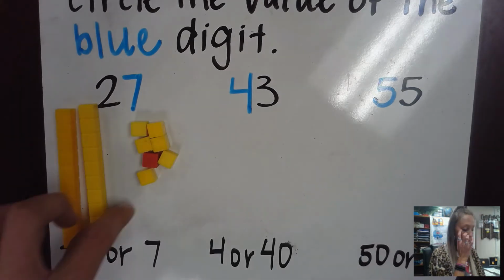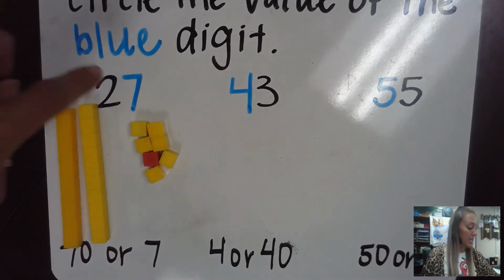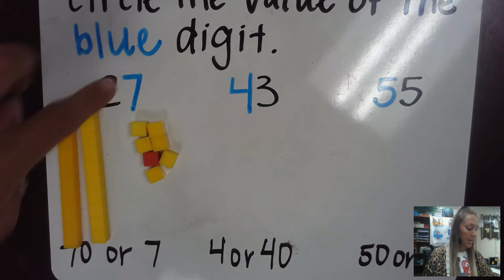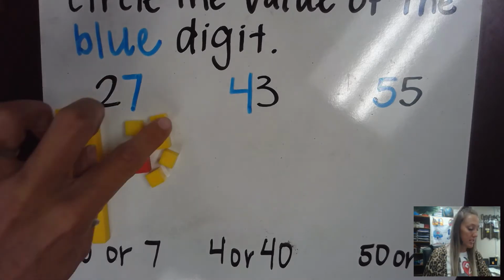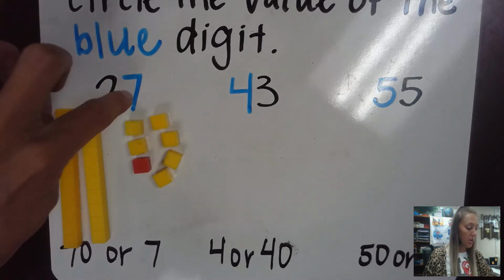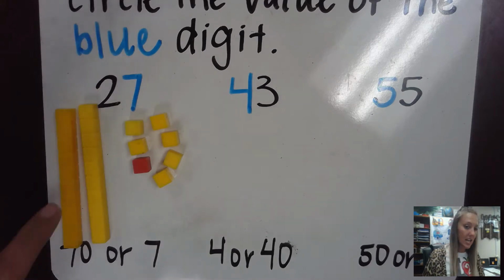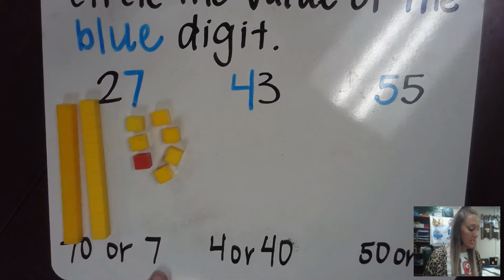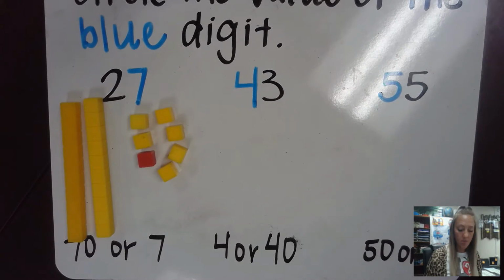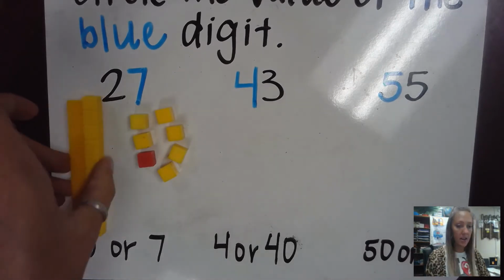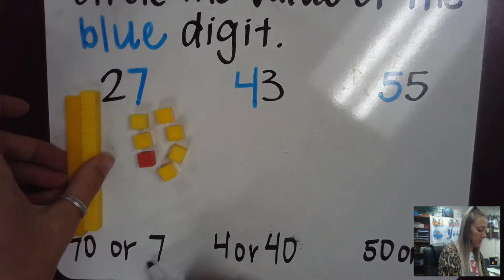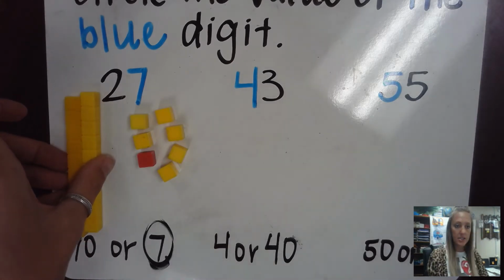So the 7 in this number is in the ones place, and there's 7 ones here. Is the value of this 7 70, or is it 7? 70? If it were 70, we would have 7 of these right here. So the answer is 7.